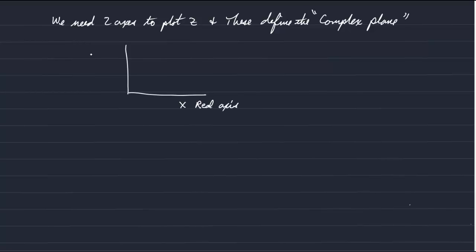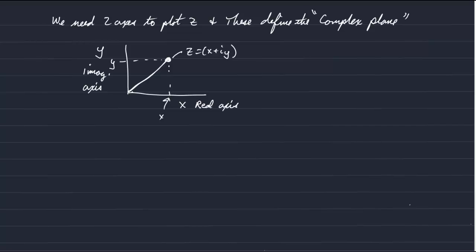It's the real axis, whereas the vertical axis is used for the imaginary part. So x plus i y has an x value of x and a y value of y, and z would be noted by this point. z is equal to x plus i y.